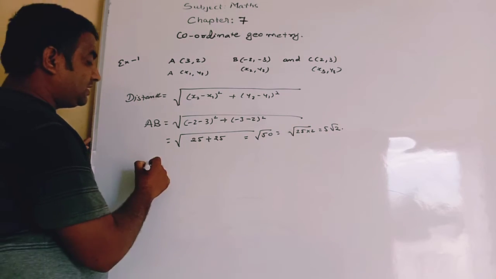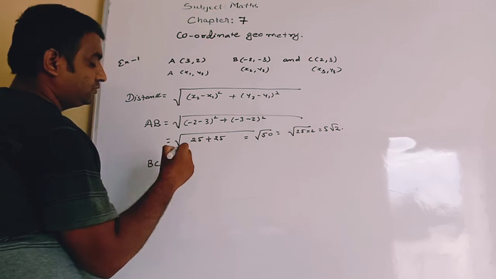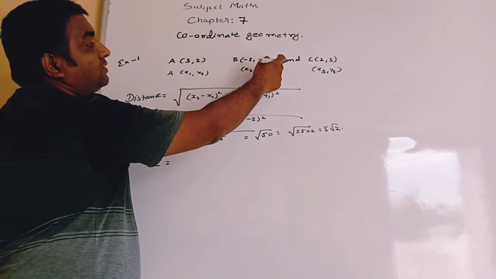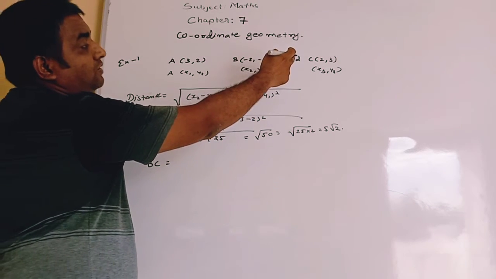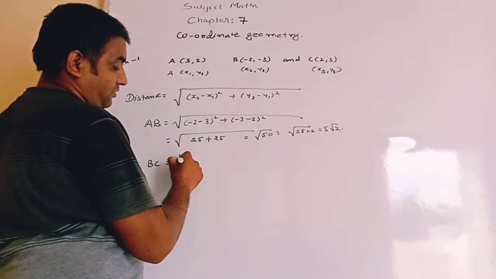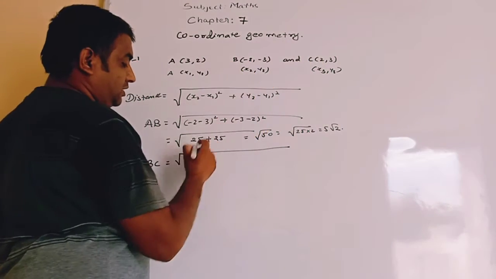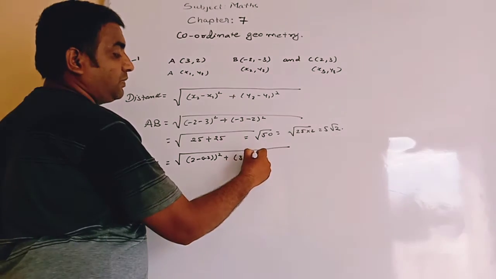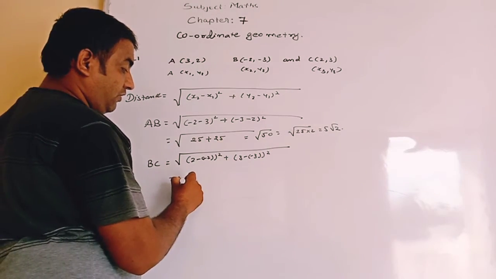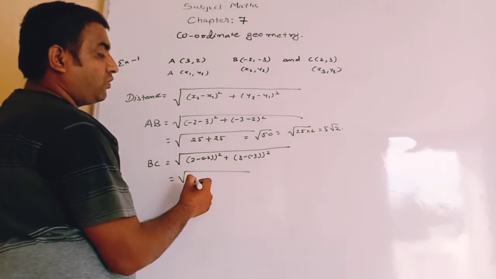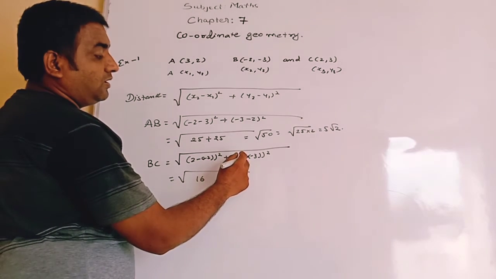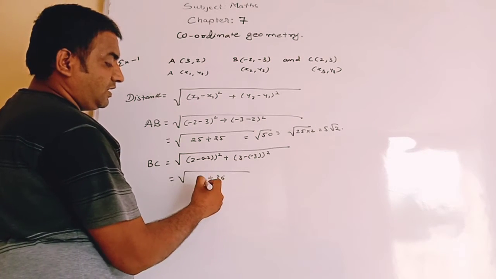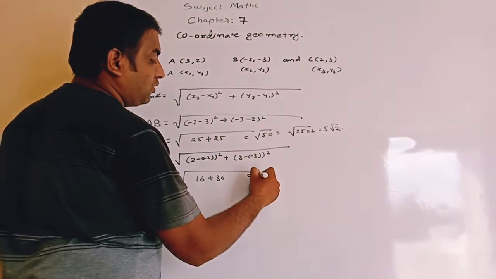Now we find out BC. Then BC distance will be 2 minus (-2) square plus 3 minus (-3) square, and so it will be minus minus plus, so 2 plus 2 is 4, square 16, here minus minus plus, 3 plus 3 is 6, square 36, and 36 plus 16 will be root 52.